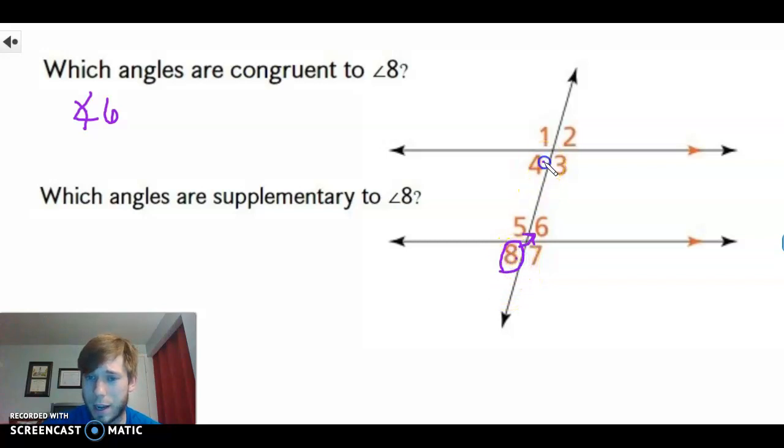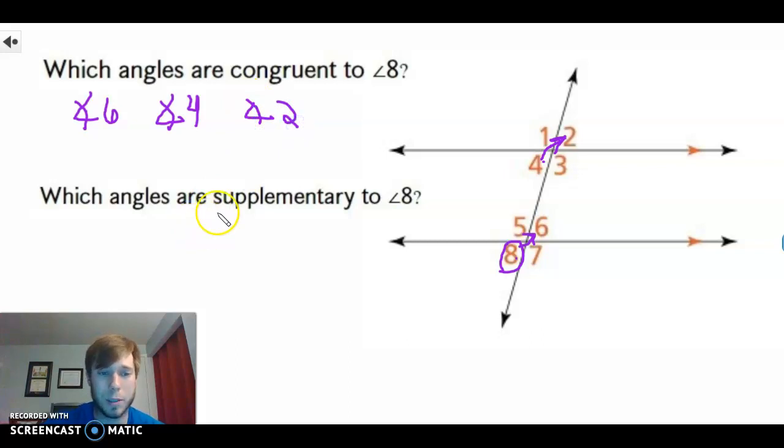So angle 8 and angle 4 are corresponding, so angle 4 is also congruent to it. And since angle 8 and angle 4 are congruent, we know that angle 4 and angle 2 are going to be congruent to each other, and angle 6 and angle 2 are congruent to each other by corresponding, so that must make angle 8 and angle 2 also congruent to each other.